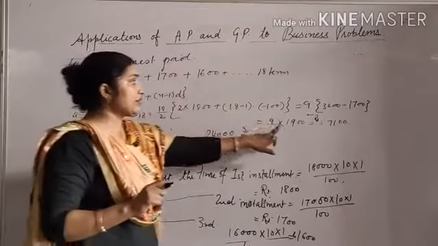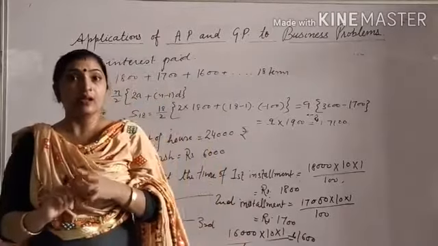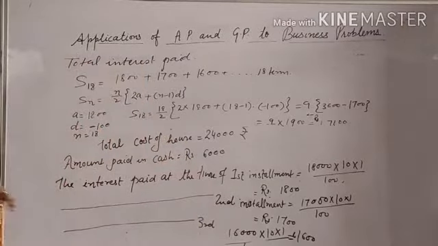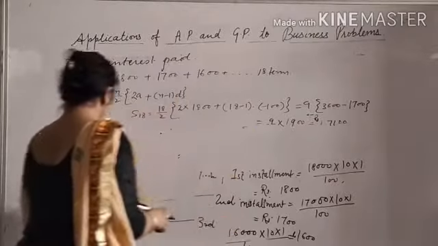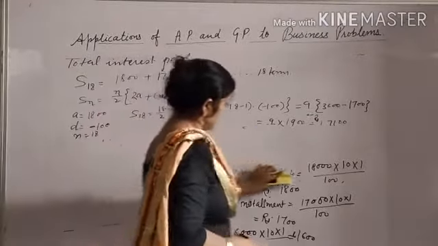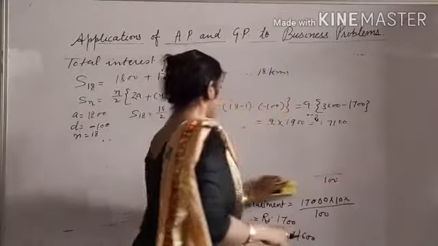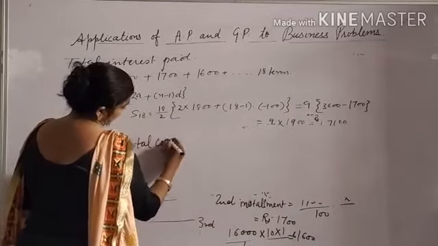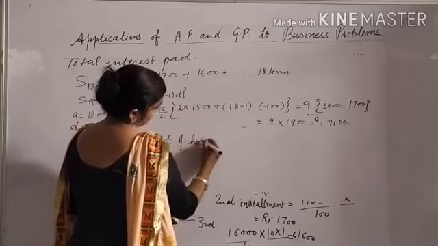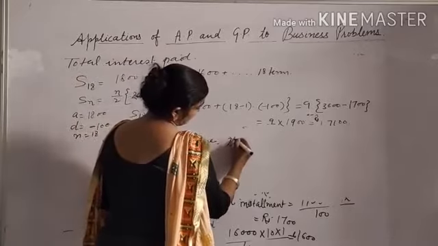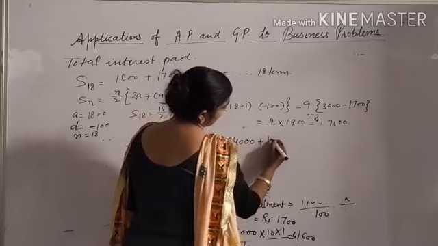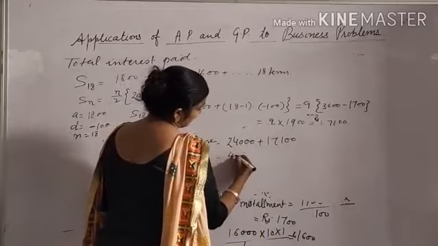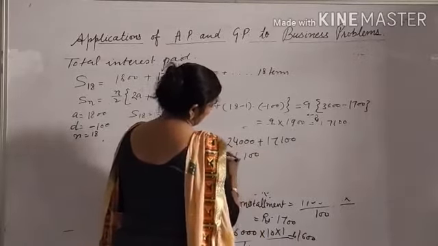In addition to this, he has paid 6,000 plus 1,000 per year, that means 24,000. So the total cost of the house is rupees 24,000 plus 17,100, so this is 41,100 rupees.